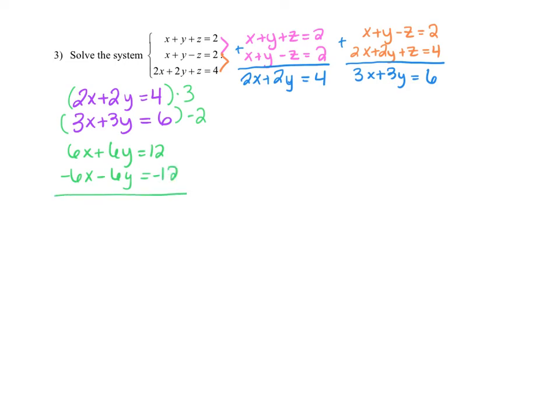And what's going to happen is x and y are both going to eliminate, and I'm going to get 0 equals 0. Well, that's a true statement. So since it's a true statement, that means there's actually infinitely many solutions.